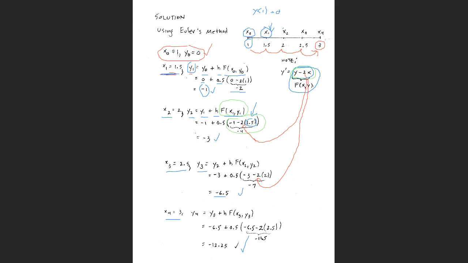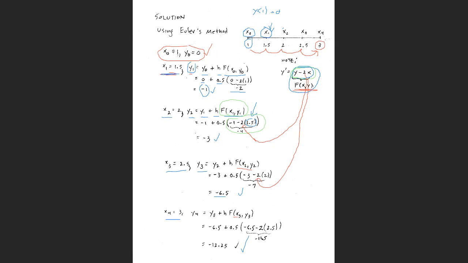You see, y prime equals f of x, y. The big F of x, y here is defined as y prime. And so when you see these big F functions evaluated at the different coordinates, it just means compute the derivative for those different coordinates.